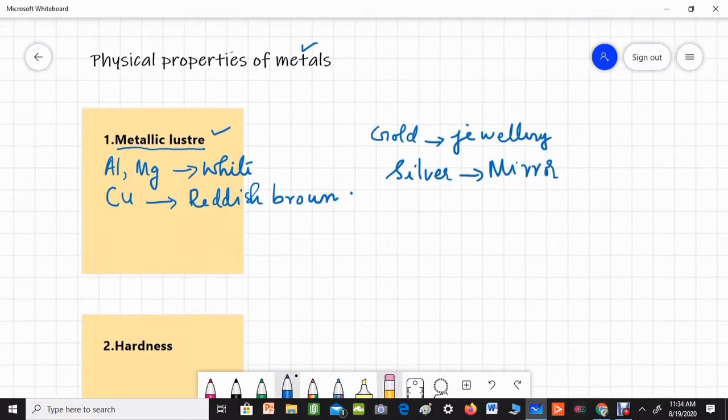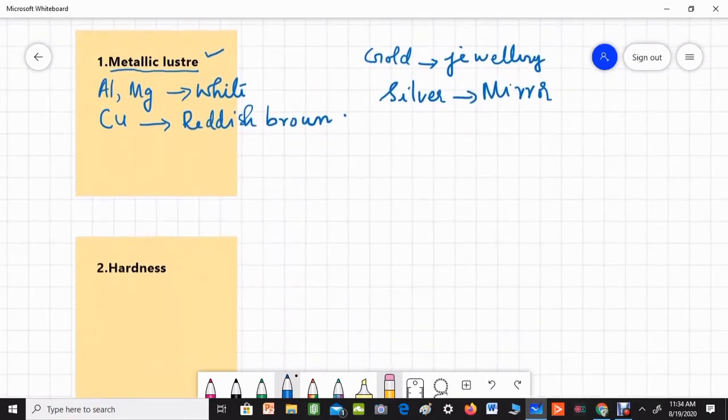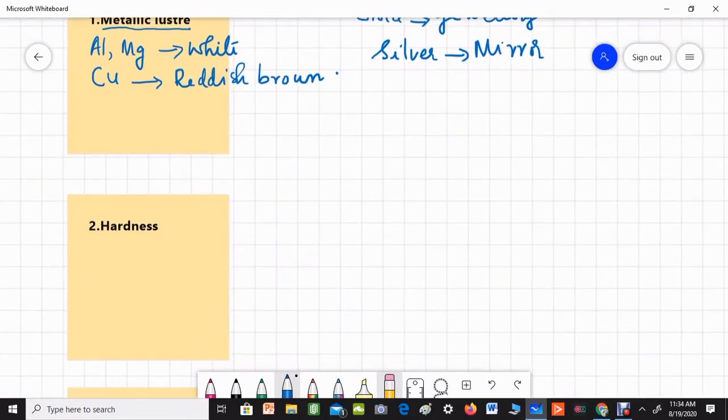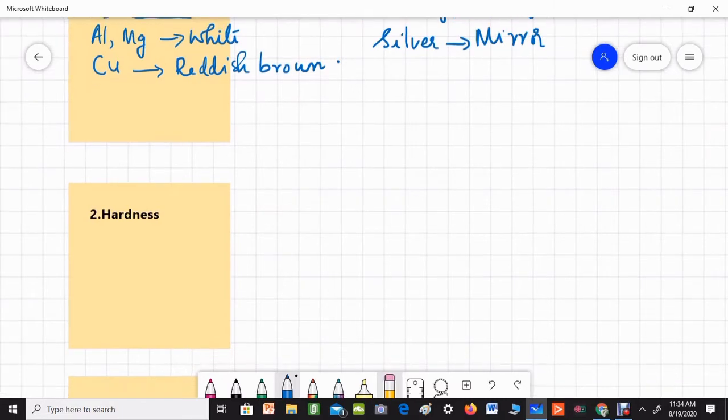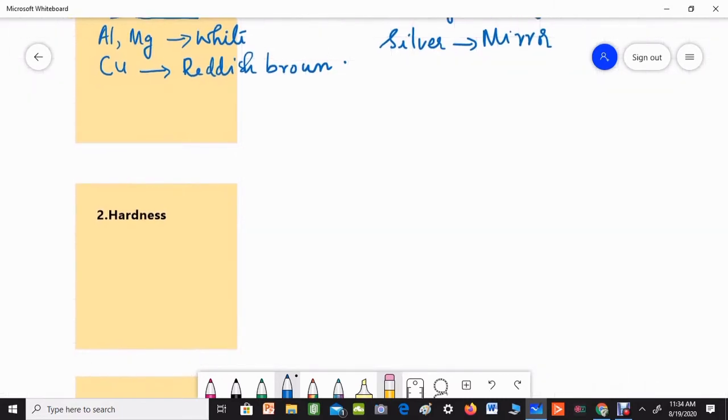Now, the second property of metals is that metals are generally hard. Most metals are hard, and the hardness varies from metal to metal. Metals like iron, copper, aluminum, etc. are quite hard.